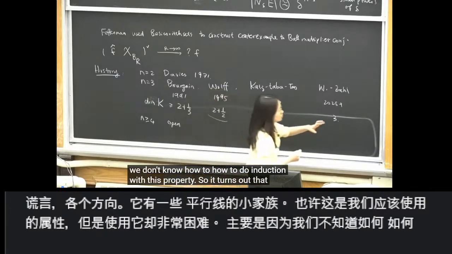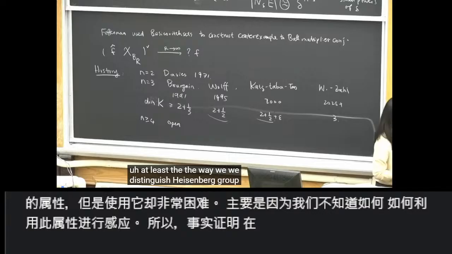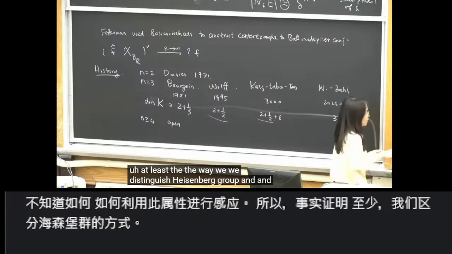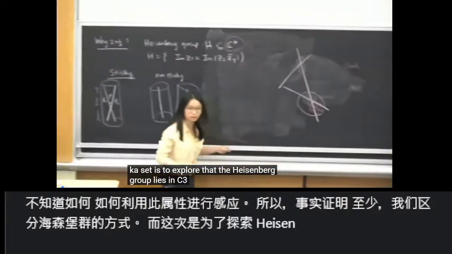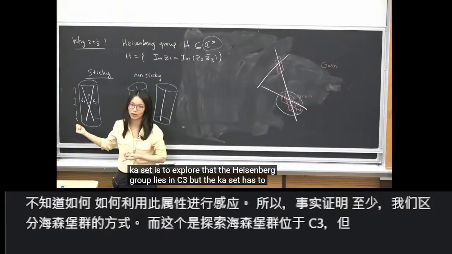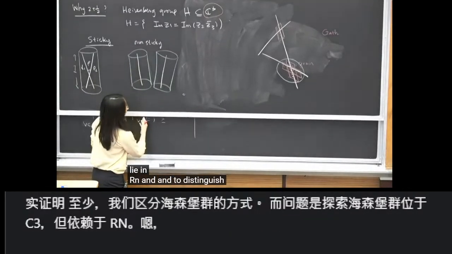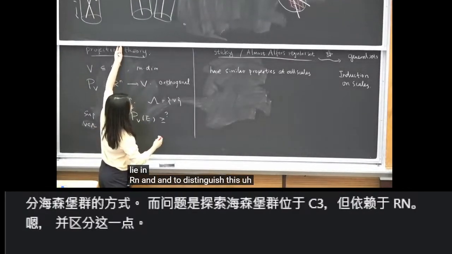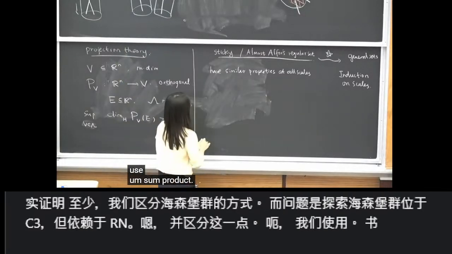So it turns out that the way we distinguish the Heisenberg group and the Kakeya set is to exploit that the Heisenberg group lies in C3, but the Kakeya set has to lie in Rn. To distinguish this, we use Bourgain's sum product.